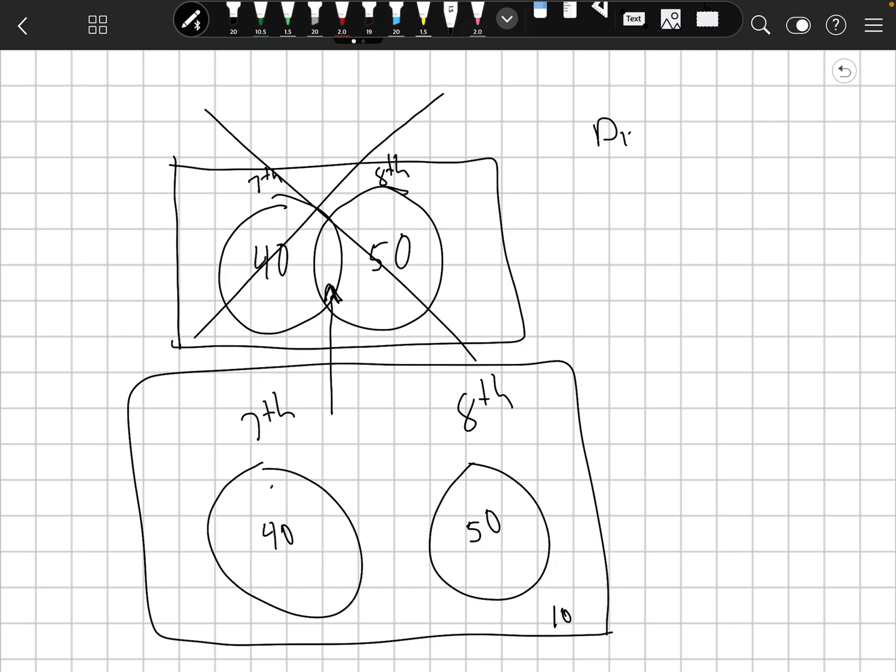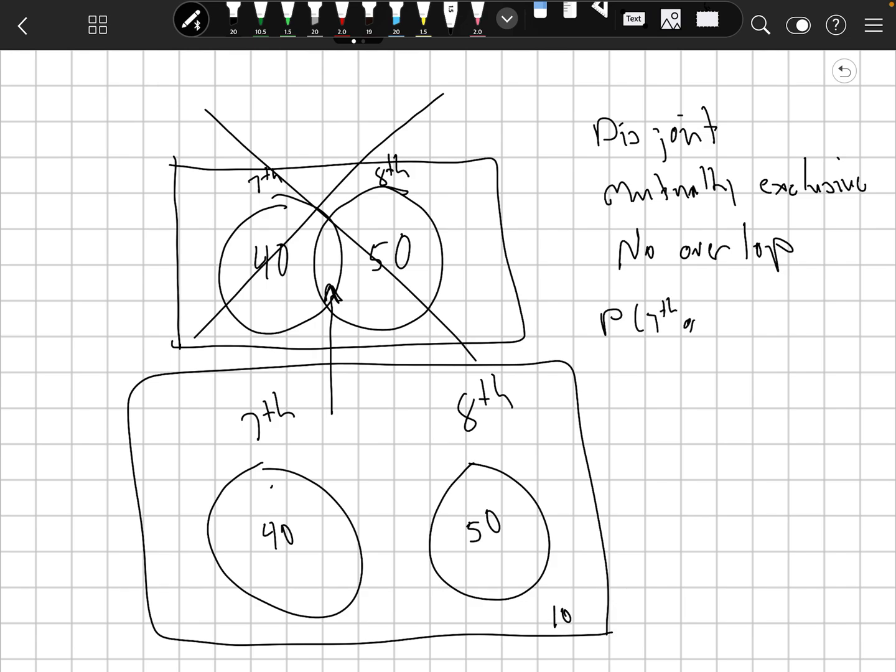Disjoint, or mutually exclusive, means no overlap. So you still have probability of being in 7th or 8th.